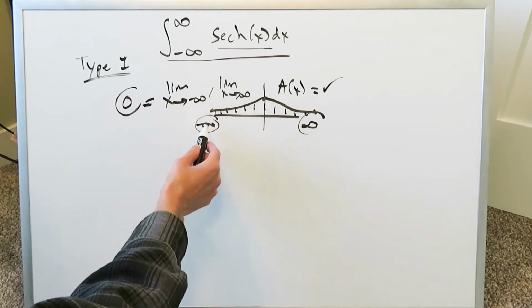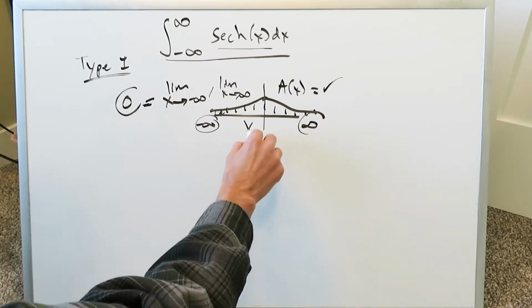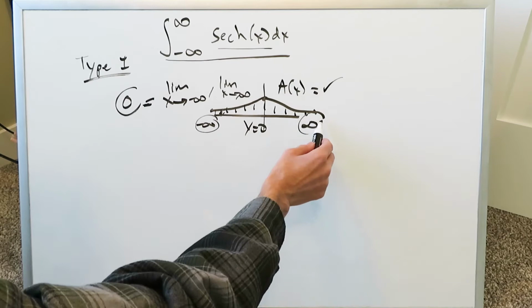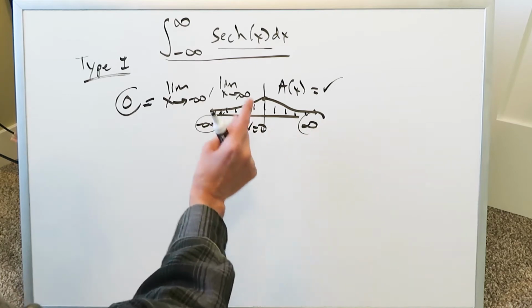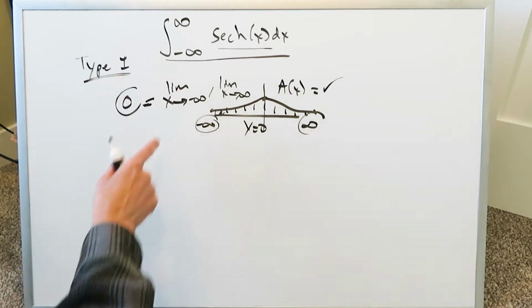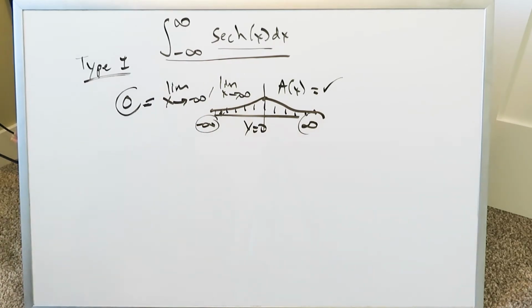Limit as x approaches minus infinity, your function approaches this horizontal asymptote, which is your x-axis, y equals 0. Limit as x approaches infinity, it approaches that horizontal asymptote, x-axis, y equals 0. So in both instances these limits are good. The corresponding limits of this improper integral are good, so you can evaluate very easily from minus infinity to infinity.